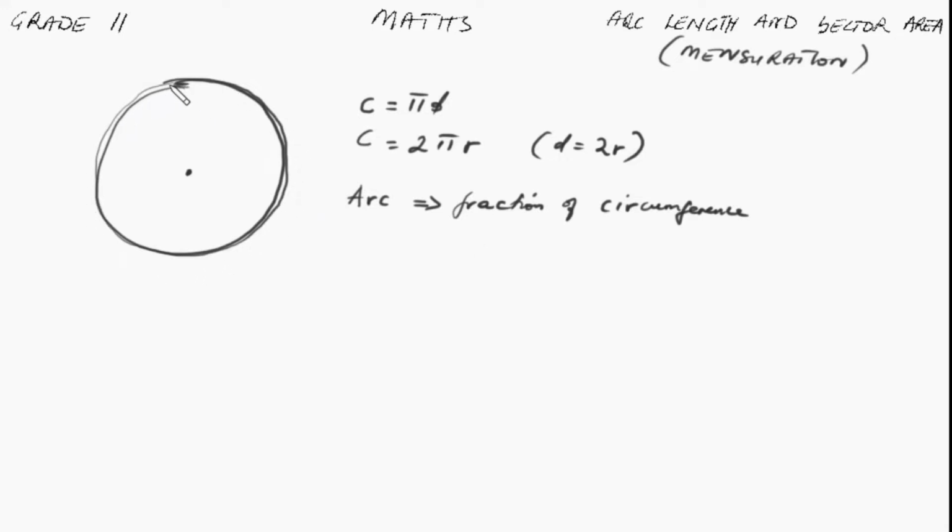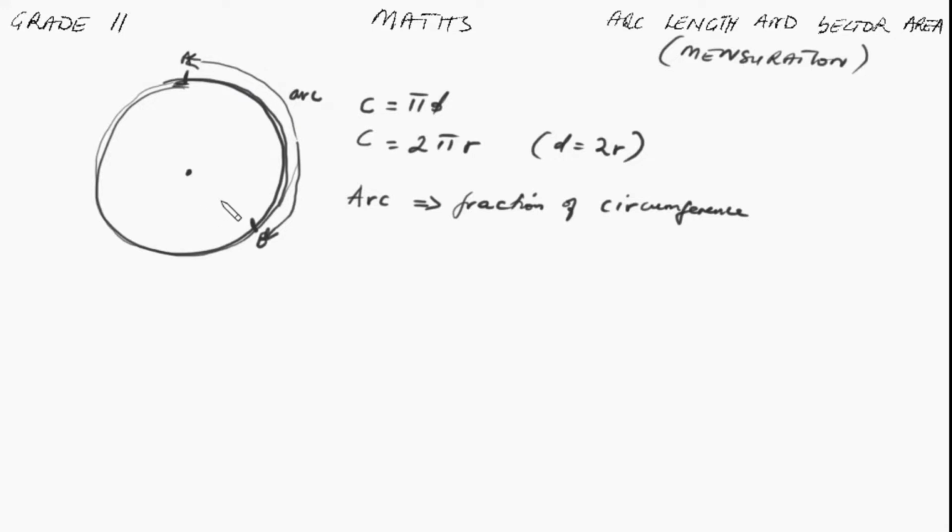If you go around a circle and you complete the circle, then you have walked the circumference of that circle. But if you start from point A and go to point B, this is just a fraction of the circumference. From here to here is not a complete circle. So this is what we call the arc.